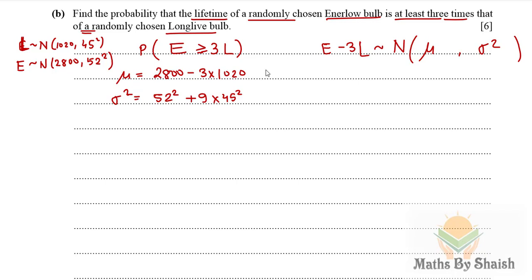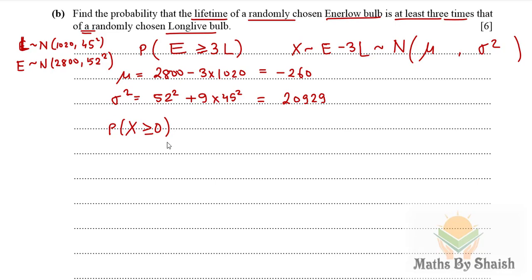We calculate these values: the mean is minus 260 and the variance is 20,929. Now our question becomes, if we take E minus 3L as X, finding the probability that X is greater than or equal to 0.